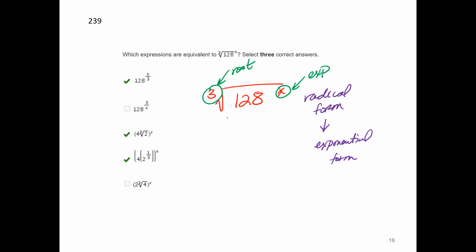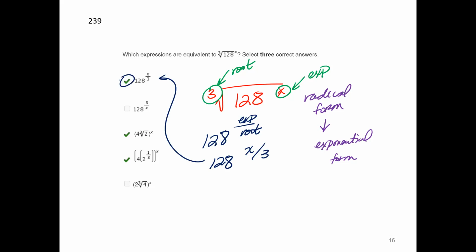And when you want to write this, you always want to do 128, which is the number inside the root. And it's always going to be exponent over root. So that'll be 128 to the x over 3, which guess what? It matches A.